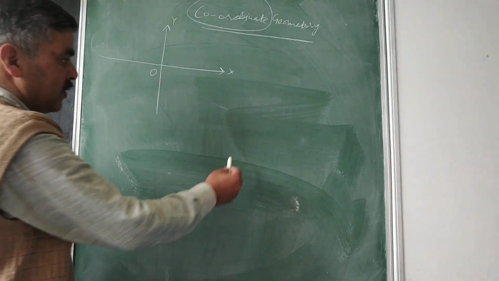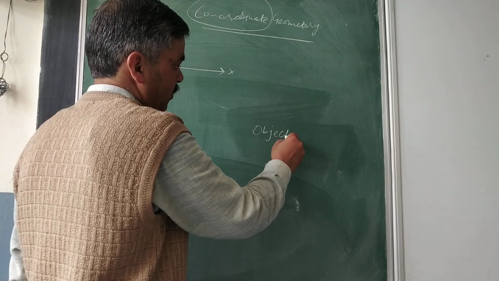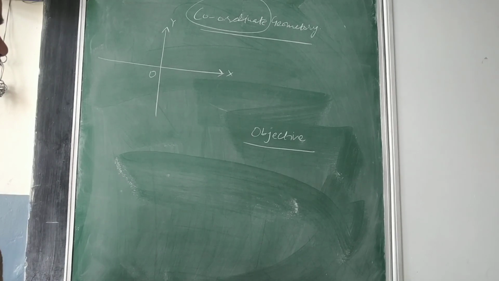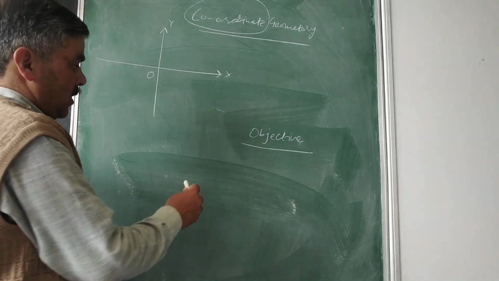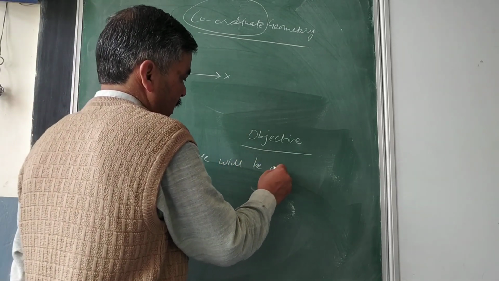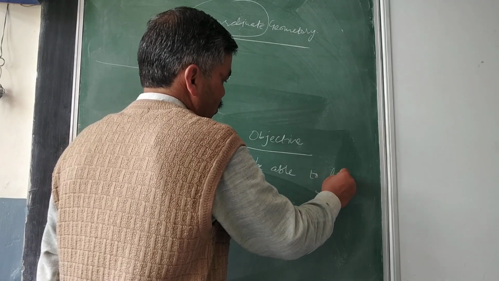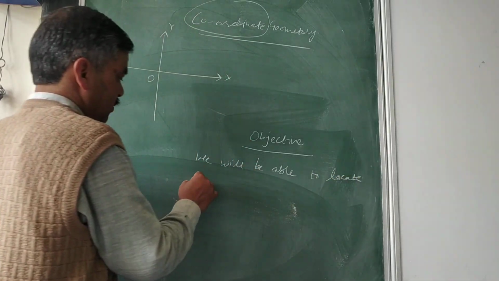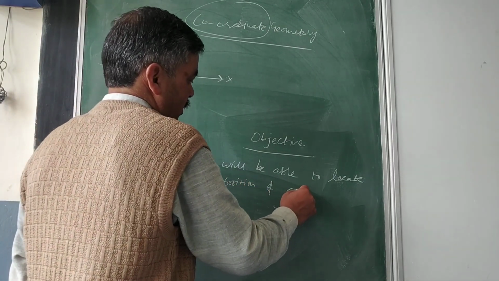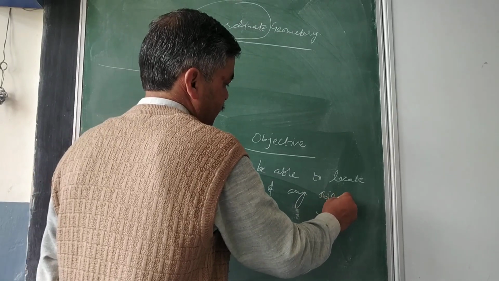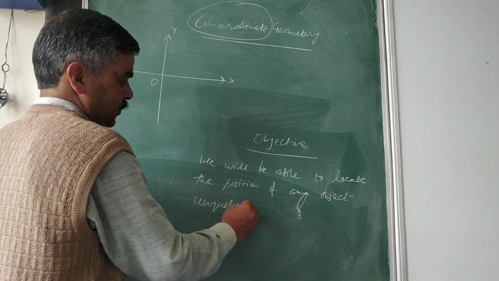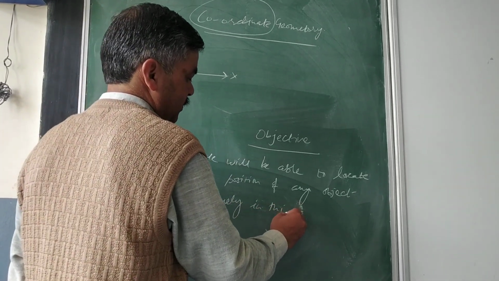Now what is the objective of studying this coordinate geometry? Means we will be able to locate the position of any object uniquely in this universe.